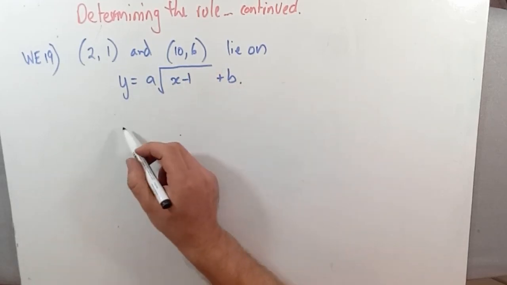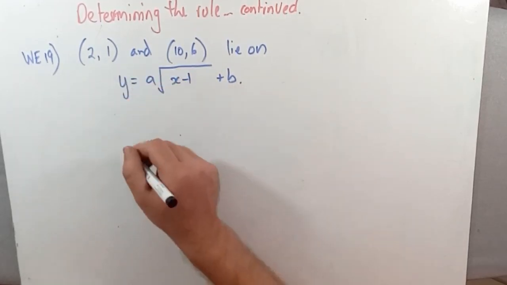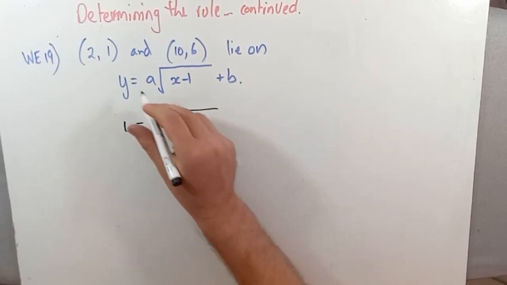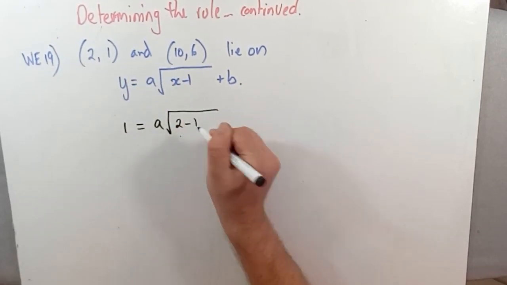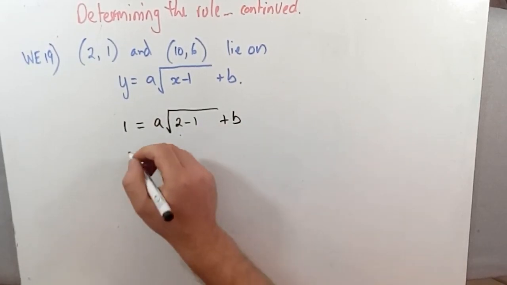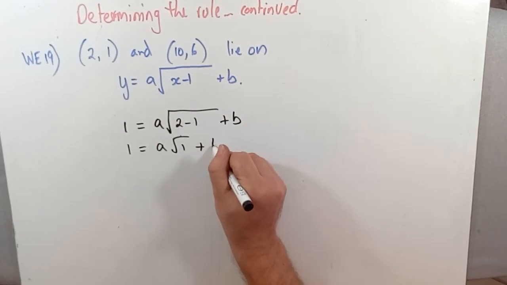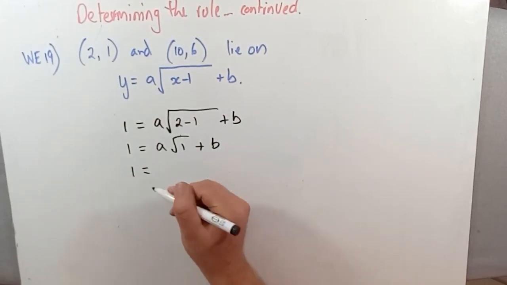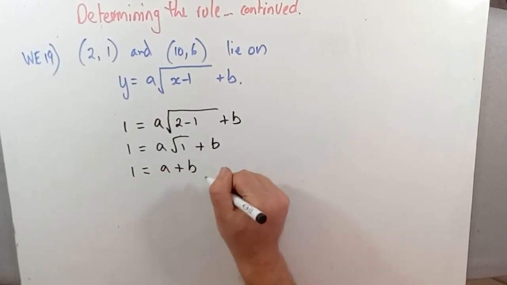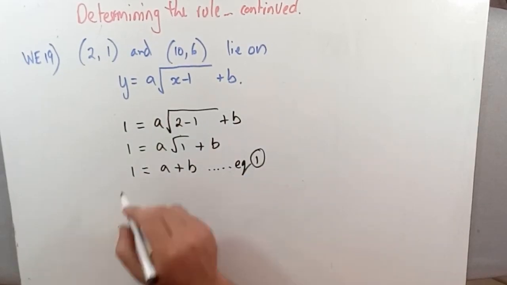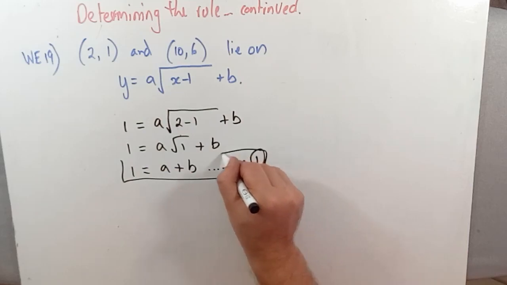Okay, so let's put in (2, 1). So 1 is equal to a times the square root of (2 minus 1) plus b. If I simplify that, I get the square root of 1 plus b. The square root of 1 is just 1, so I get 1 equals a plus b. This is my equation 1, so I'll label it like that and put a little box around it.